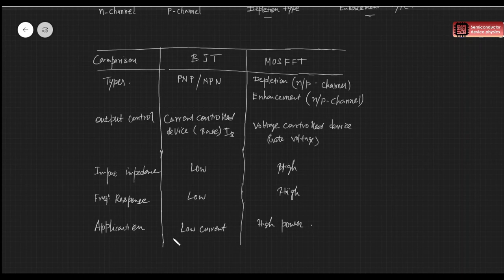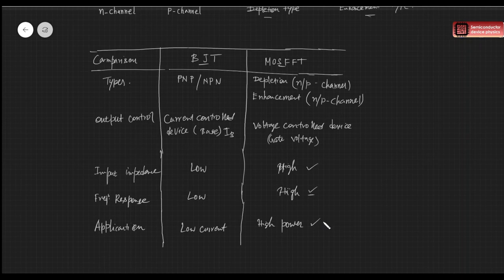So you got a brief comparison between the BJT and MOSFET, and you can see that the MOSFET has several advantages over the BJT: it has high impedance, high frequency response, so it can operate at very high frequency, and it can handle very high power as well, right?